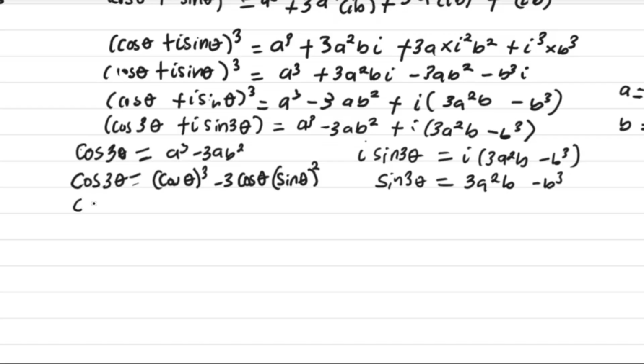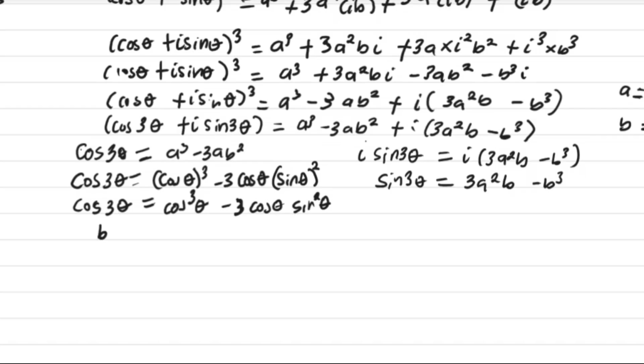So it means that cos 3 theta is going to give us cos cube theta minus 3 cos theta sine square theta.